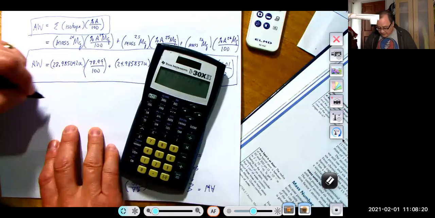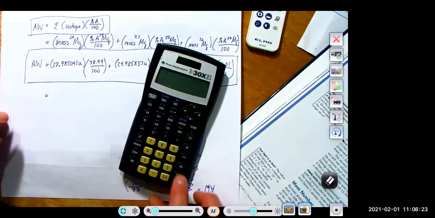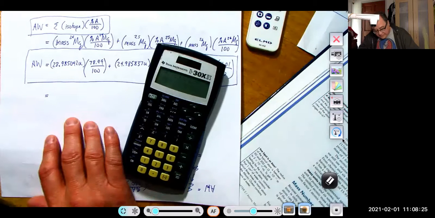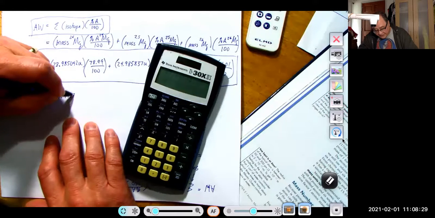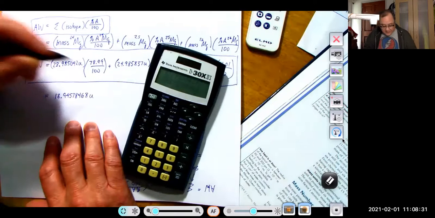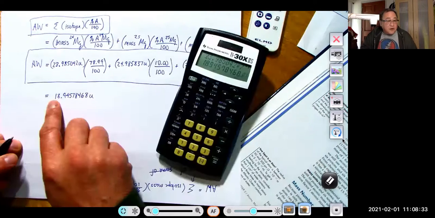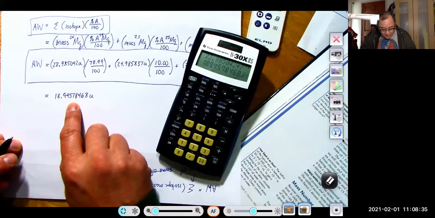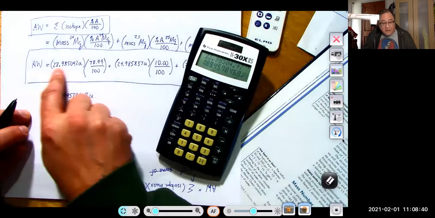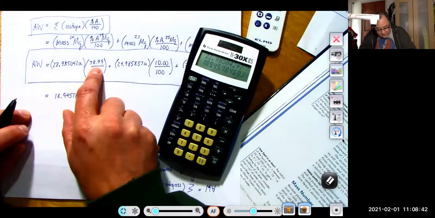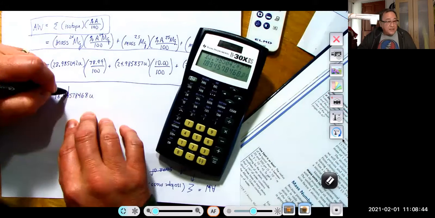So here, I get 18.94578468 u. Now, how many significant figures am I allowed in this number if I were to round right now? And the answer is, I got a whole bunch here, but I only have 4 there. So I would round to that place right there.